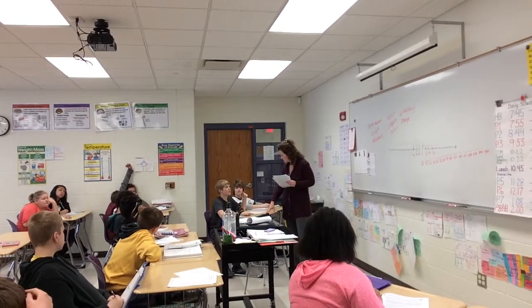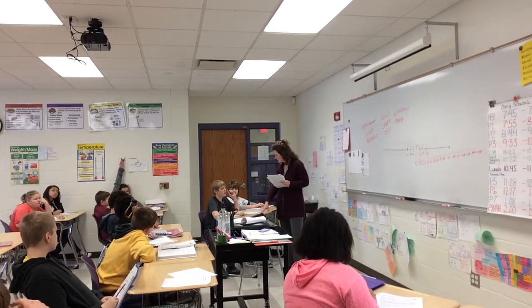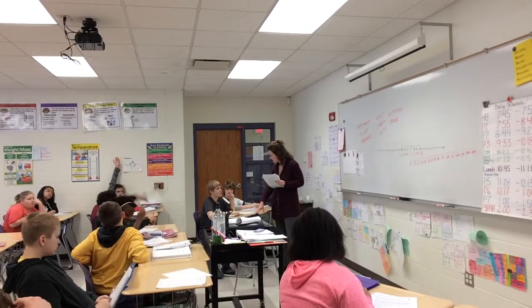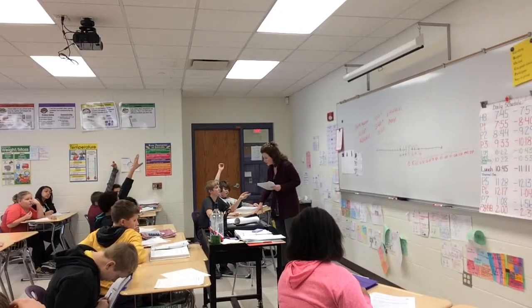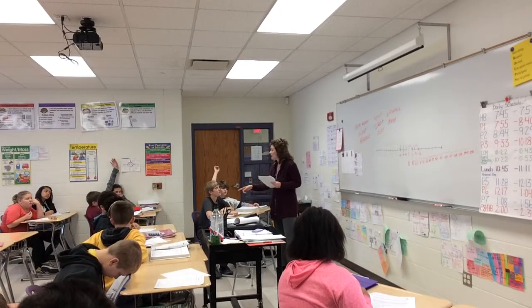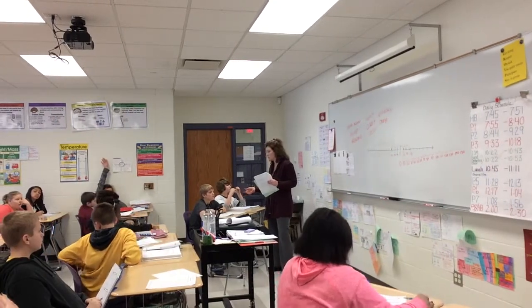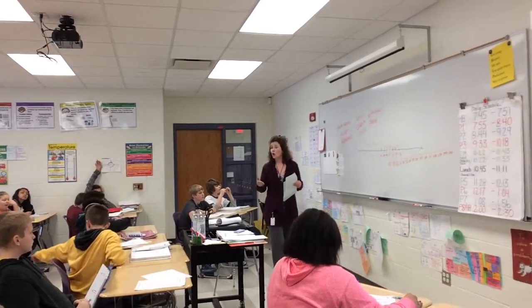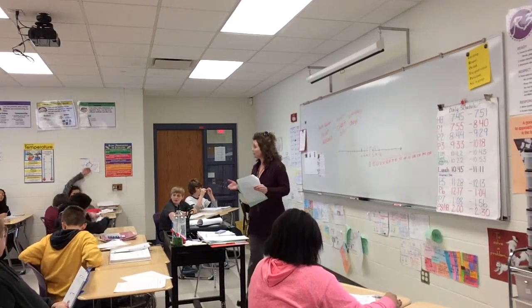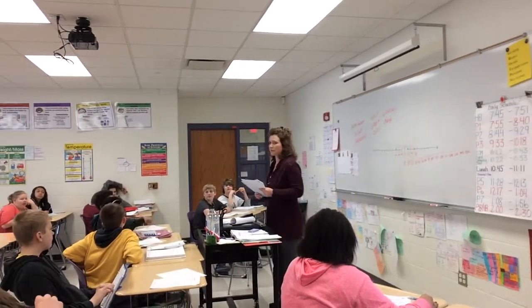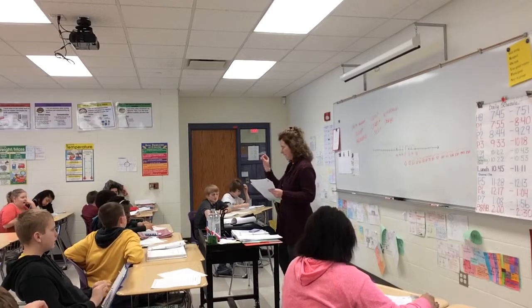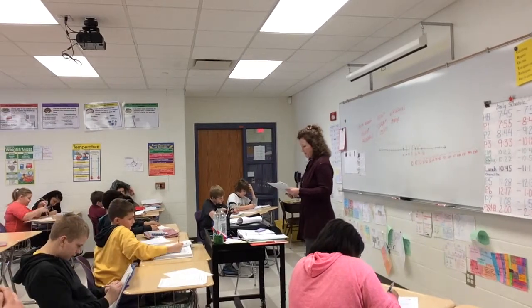Isn't it where if you go to the bank, don't you take out money from there? You can go to an ATM machine, or you can actually go to a teller at the bank too. They let you withdraw going there too. You withdraw, you take money out. So if you're taking money out of your account, is that going to be positive or negative? Negative. So put a negative above that word. Okay, that's going to be a minus.